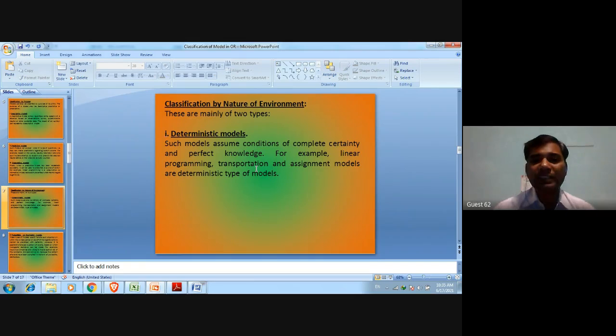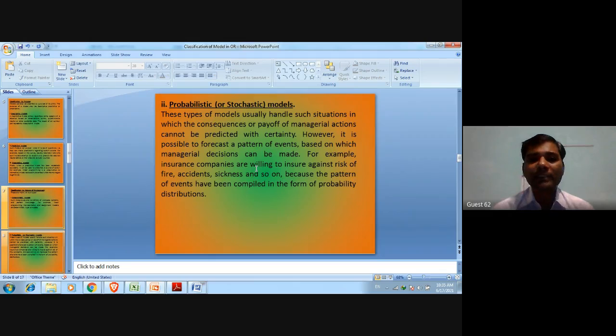And what about the probabilistic model? It is also called a stochastic model. These types of models usually handle situations in which the consequences or payoff of managerial action cannot be predicted with certainty. It means you are not certain, you have some doubts.